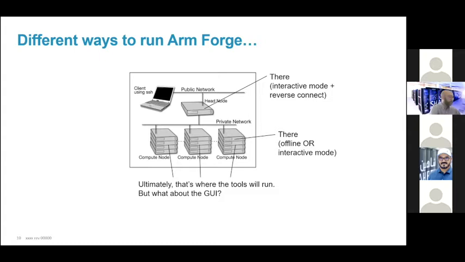In the interactive mode, you launch it from your login node, but it is accessible remotely. So you are at your laptop. You can have a remote client that will access your compute node via the login node, using some flags such as --connect or --reverse.